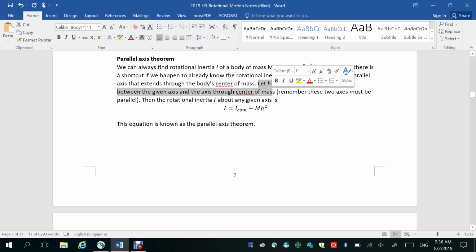So we need these two axes to be parallel. That's why the parallel axis theorem reminds us that the two axes must be parallel.